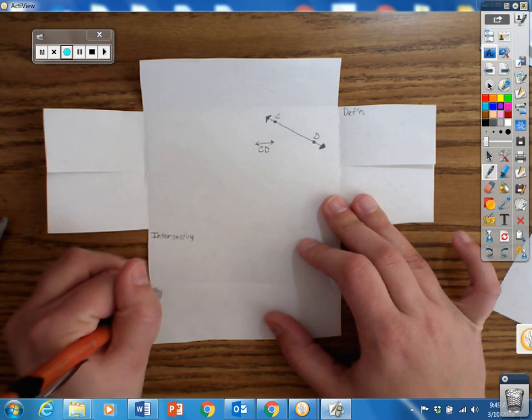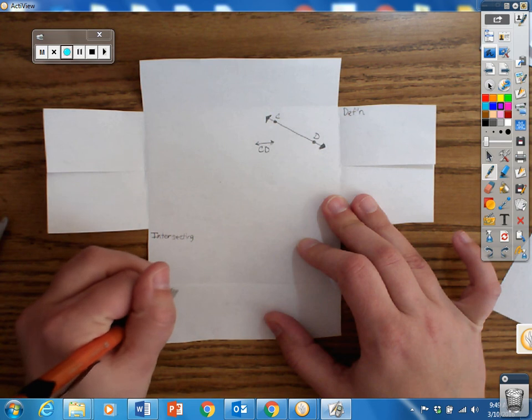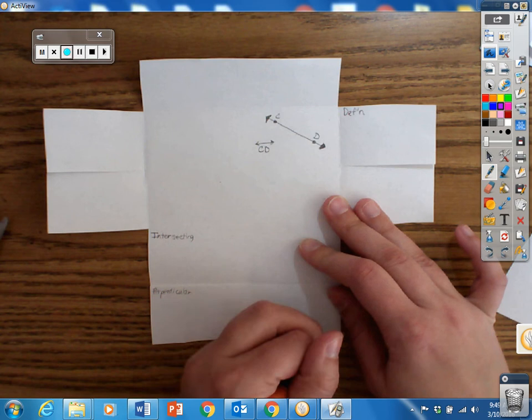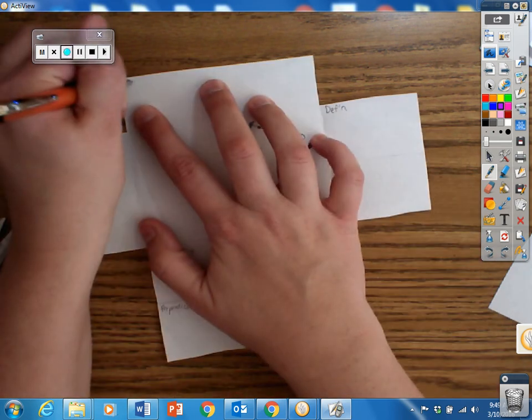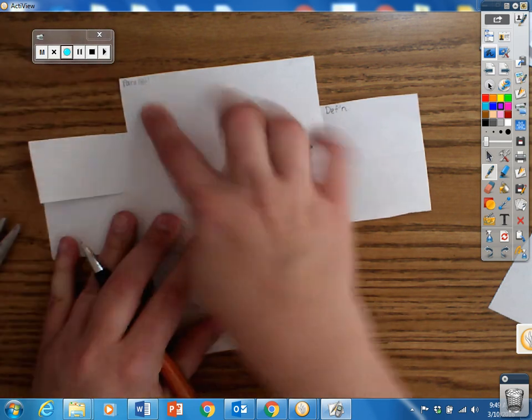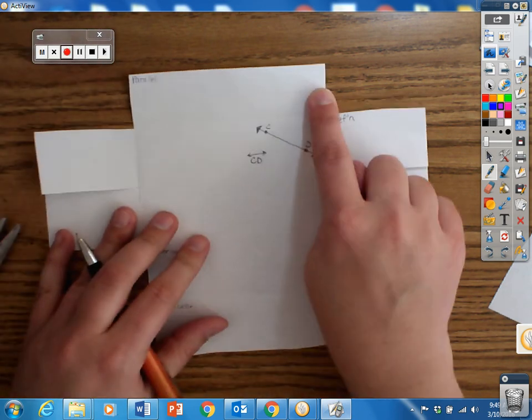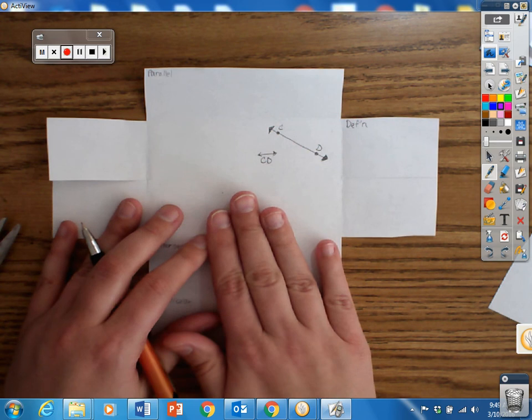Perpendicular will go here. You'll draw your picture and your definition. And then the last one will be parallel. You'll do a picture and your definition, and you'll be following the slides that follow this in our Nearpod.